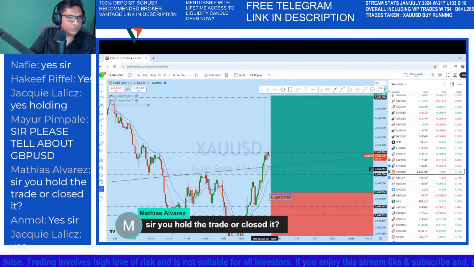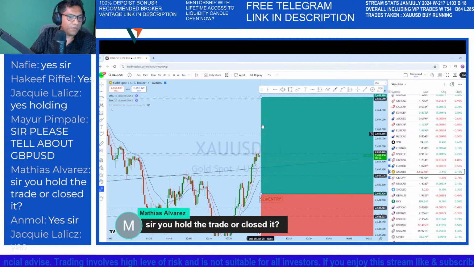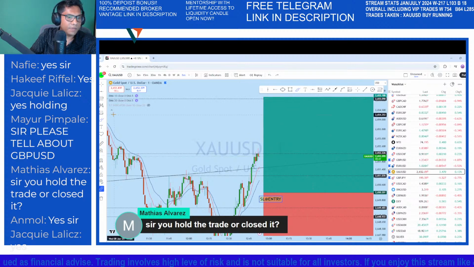So here you can see the market cross that high, form that structure. We want to see that it's now breaking to the upside to create a new higher high.